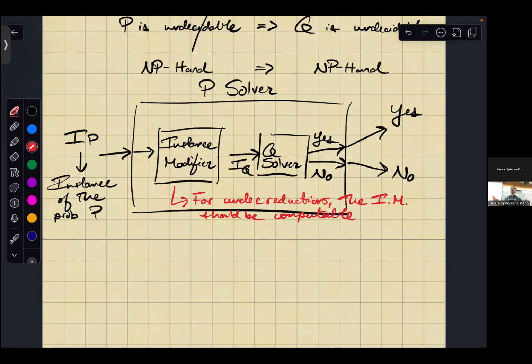It doesn't matter if it's exponential as long as it's finite. For NP-complete reductions, the instance modifier should be polynomial in time.